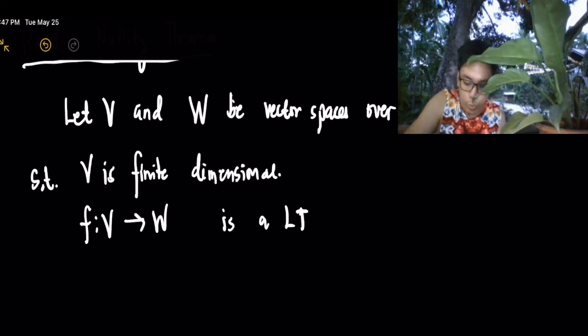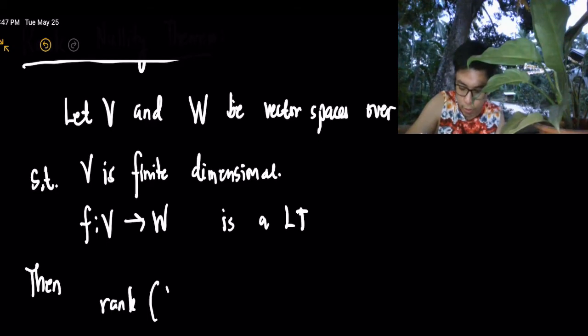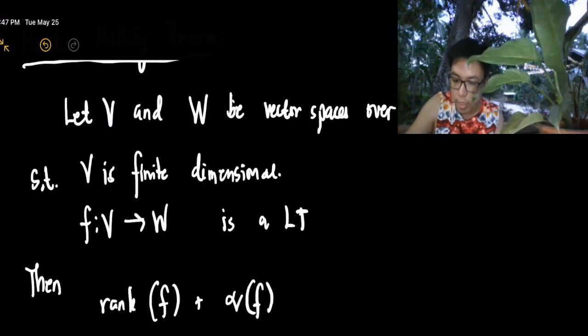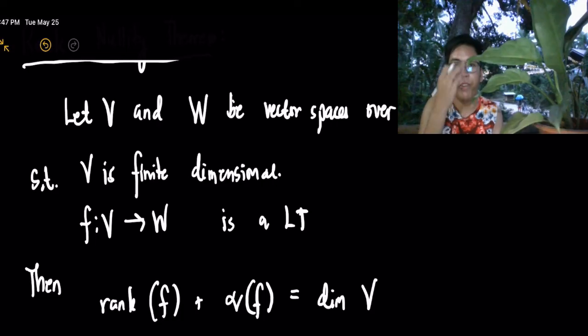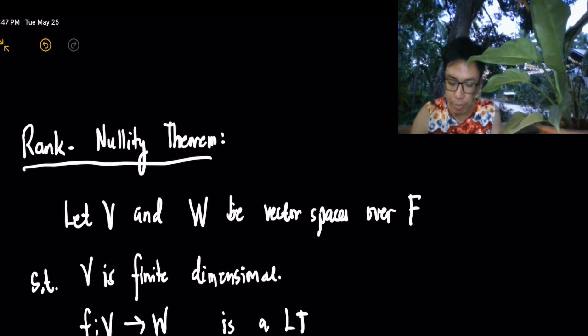Then simply we would get that the rank of F plus the nullity of F is actually the dimension of V. You might notice in every example that we have previously, if you take the sum of the nullity and the rank of a given linear transformation, that is actually the dimension of the vector space of the domain. That's it. So let's go back to the previous example.